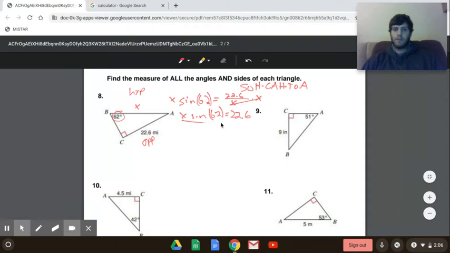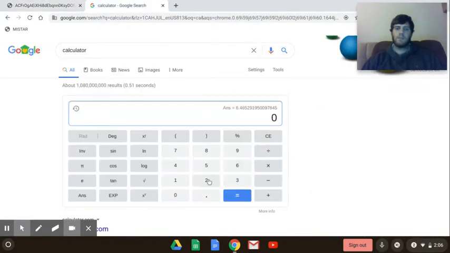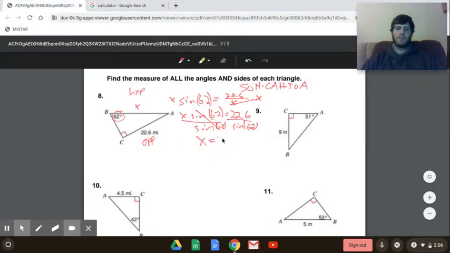Then you can divide both sides by sine 62. So you get x equals 22.6 divided by sine 62. It's going to give you 25.6. So x is going to be 25.6.